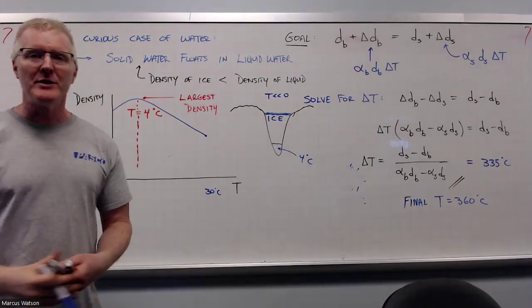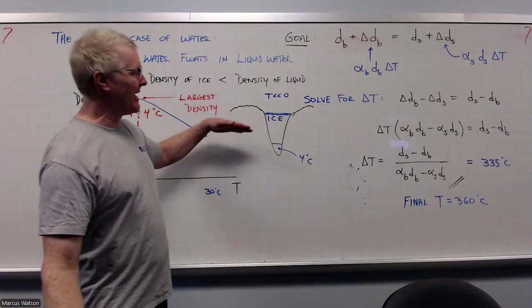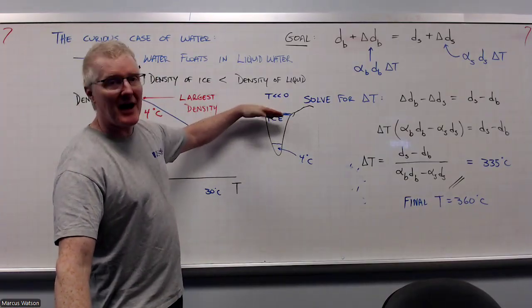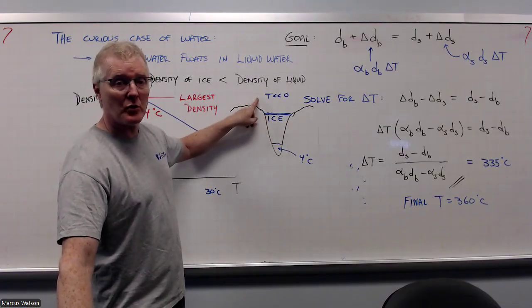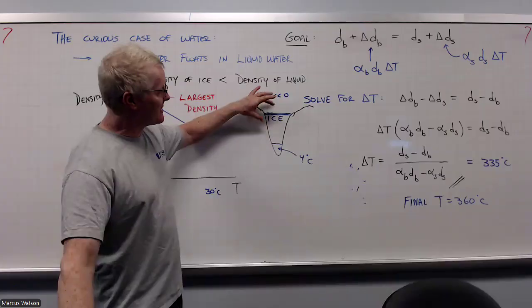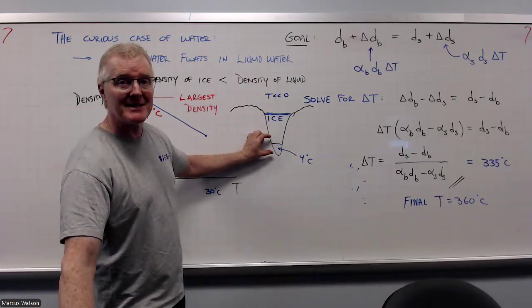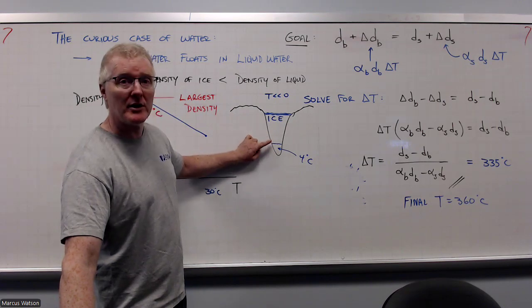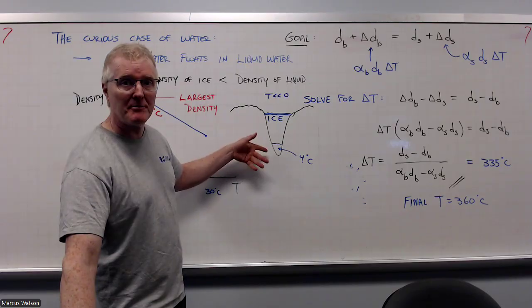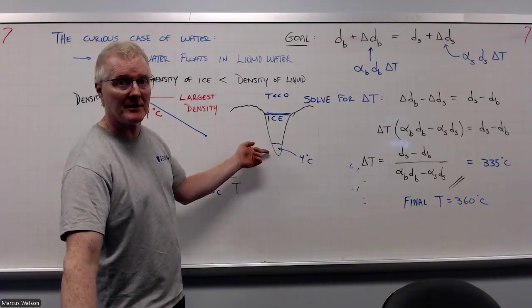So the lake freezes top down, and if it's a deep enough lake, the heat leaving from all of this water can't get out, because the liquid is as dense as it's going to be down here. And down here is where all the little algae and pond scum that we evolved from can live.